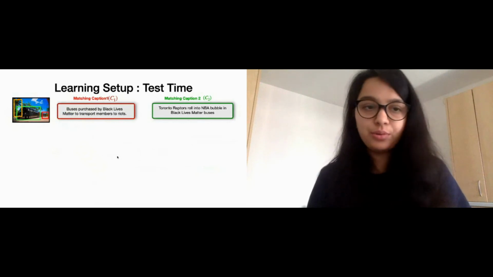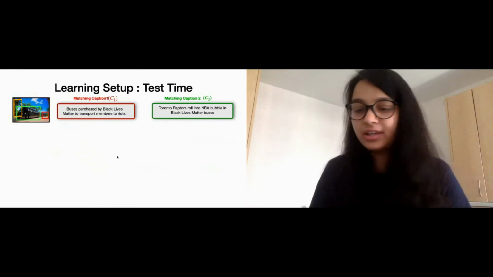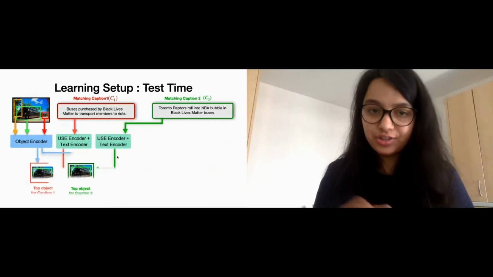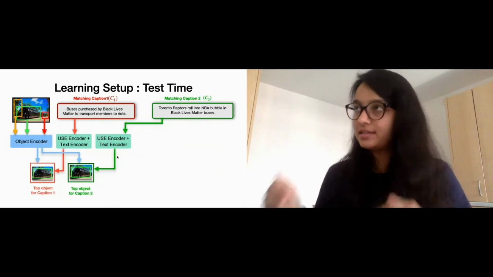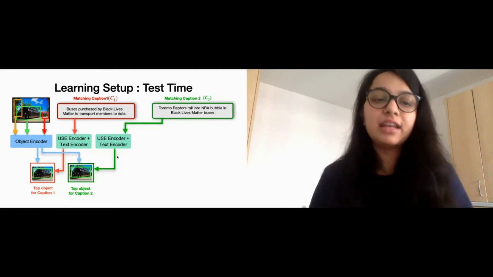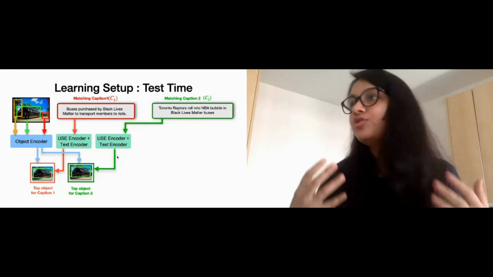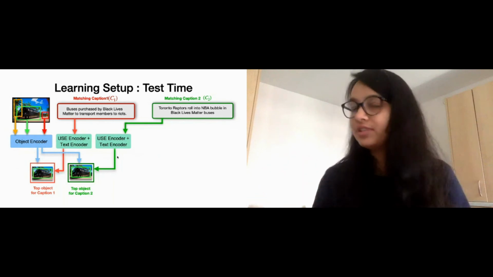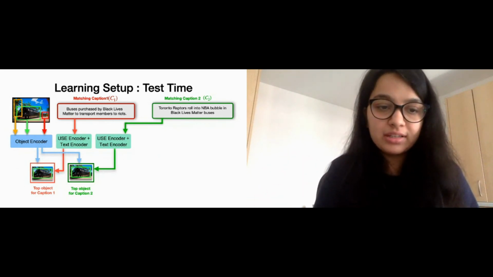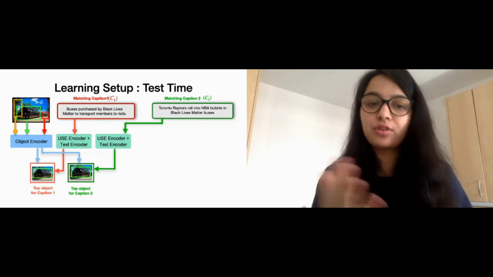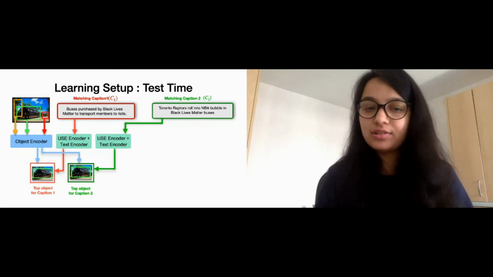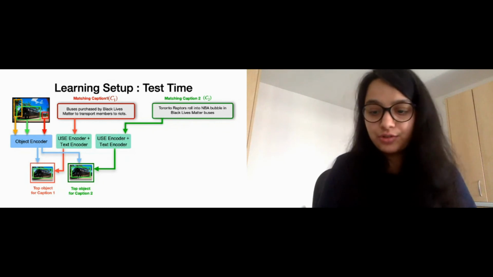The way we do this, we detect objects, we compute features for these objects as well as these captions, and then we identify which is the most relevant object for each of these captions. With this red box, you see that this is the most relevant object for caption 1, and in the second one, this is the most relevant object for caption 2.